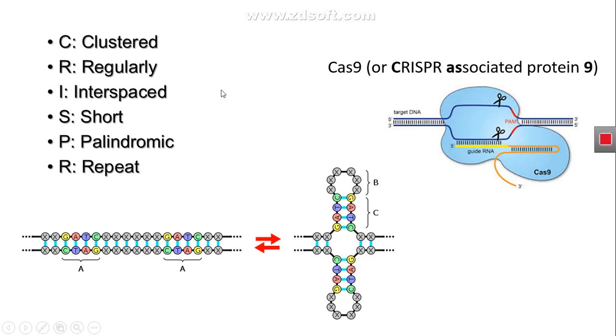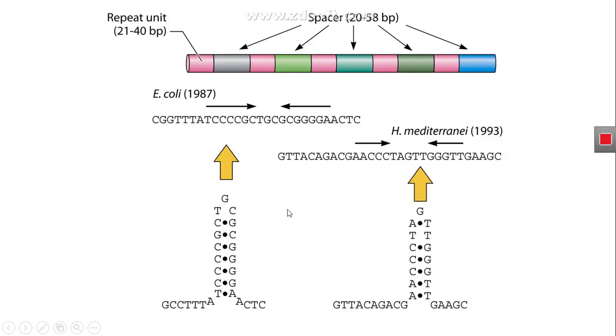So this story started during the 80s and 90s. During this era, scientists found these CRISPR sequences in the genome of E. coli, and they also found that these sequences are interspaced by spacer sequences.